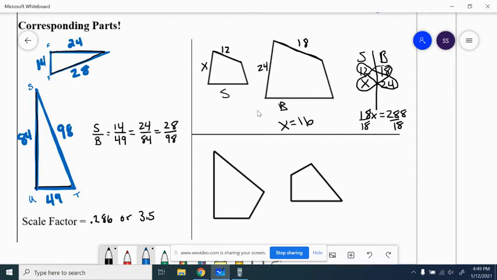Okay, and you always want to go back and make sure that answer makes sense. If this side length is 12, could this be 16? Sure, that makes sense. If you got a really big number or a really small number, it wouldn't make sense, right? If you got an answer like 160, there's no way, if this side length is 12, this one can be 160. So you did something wrong if you get an obviously too big or too small number.